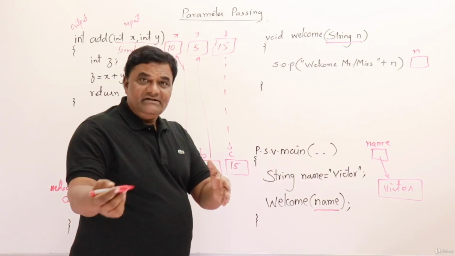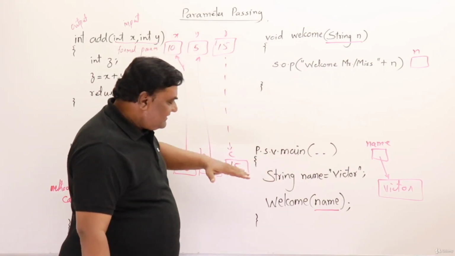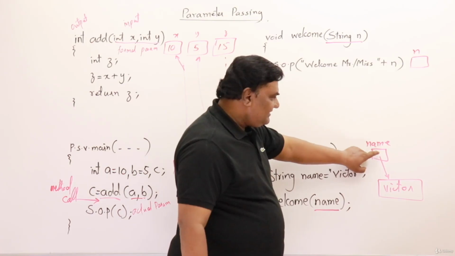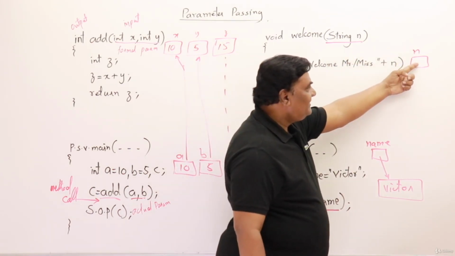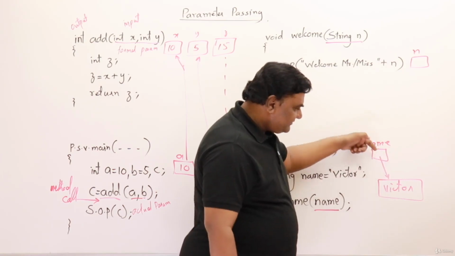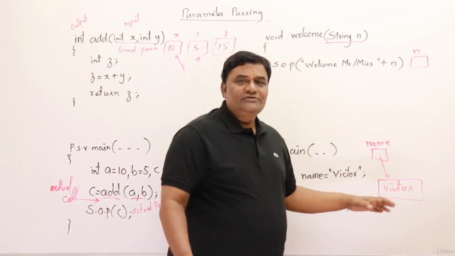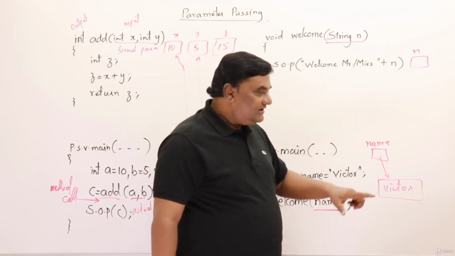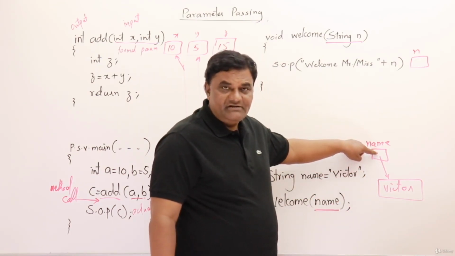Yes. Now let us see the working. As I said, whenever a method is called, the content of the actual parameter is copied in the formal parameter, this one. So what is there in this one? It's a reference to this object. So you can say it is like storing the address of the object. Yes. So here is the address of the object.